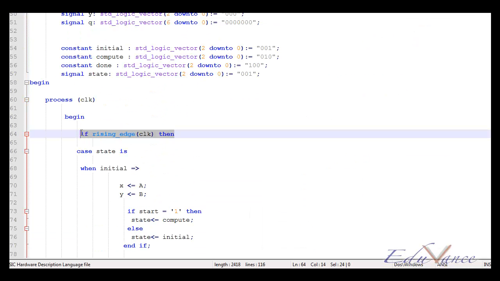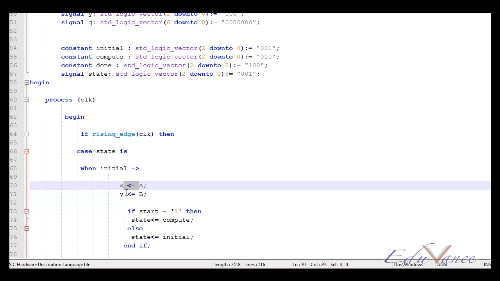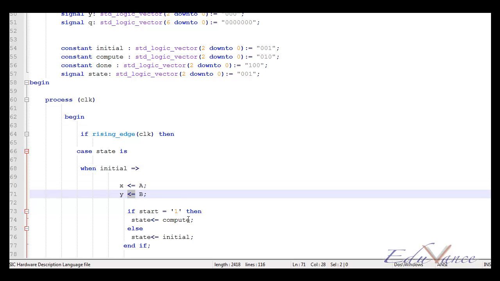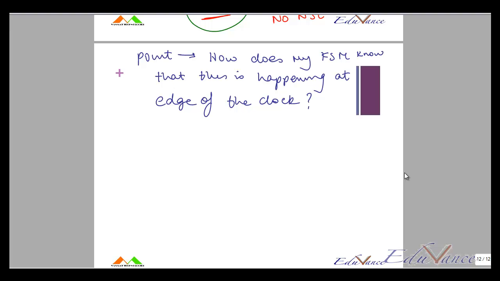Remember when I said that any assignment statement under the clocked process will give you a flip-flop? So any signal assignment under a clocked process gives you a flip-flop.